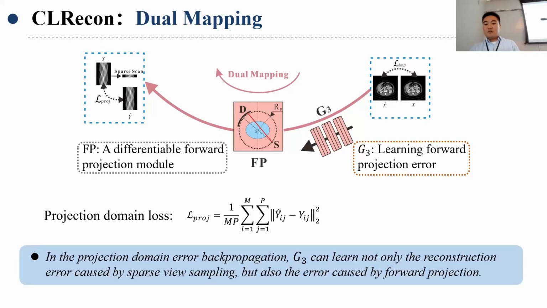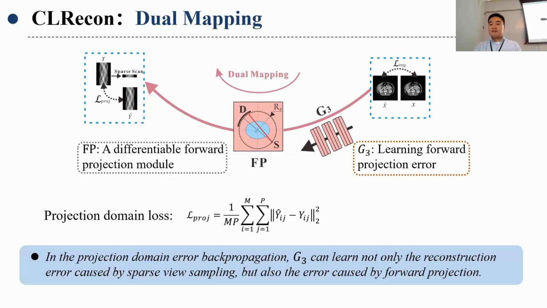To solve this problem, the authors add an image domain subnetwork G3 to the dual mapping. In the process of error backpropagation in the projection domain, the subnetwork G3 can learn not only the reconstruction error caused by data undersampling, but also the error caused by forward projection.